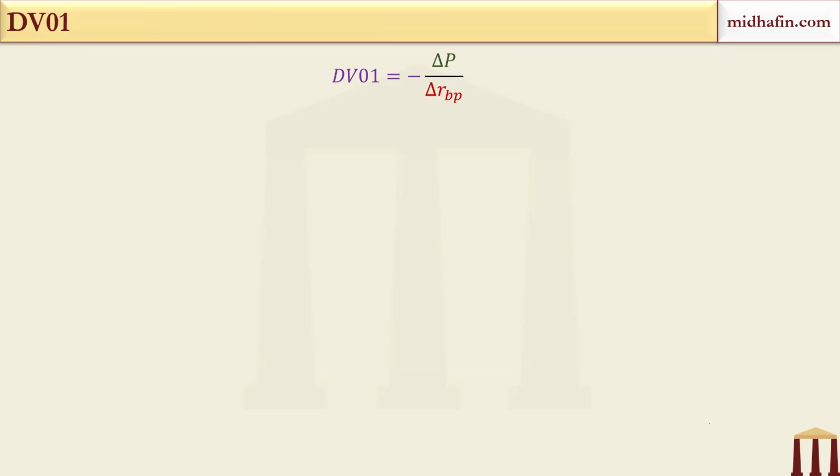Now let's start our discussion. First, we'll see how DV01 is calculated, and it's pretty simple. Another formula for DV01 is negative of delta P divided by delta R times 10,000, when delta R is measured in decimals, not in percentage. Here, delta R is measured in basis points.